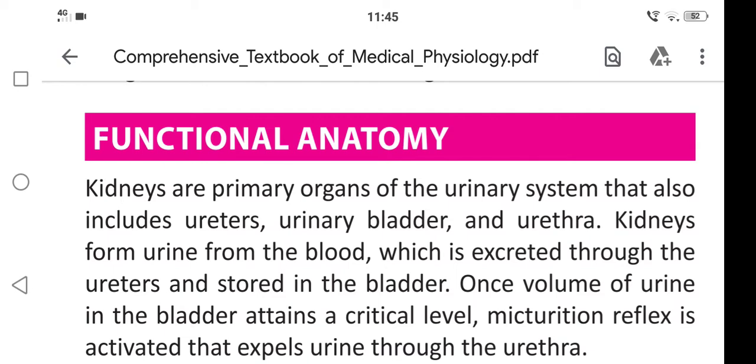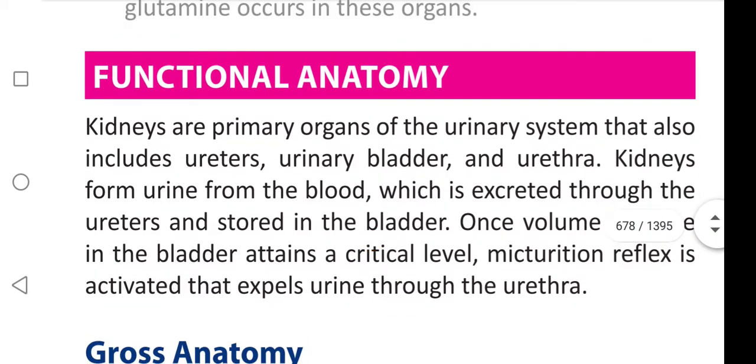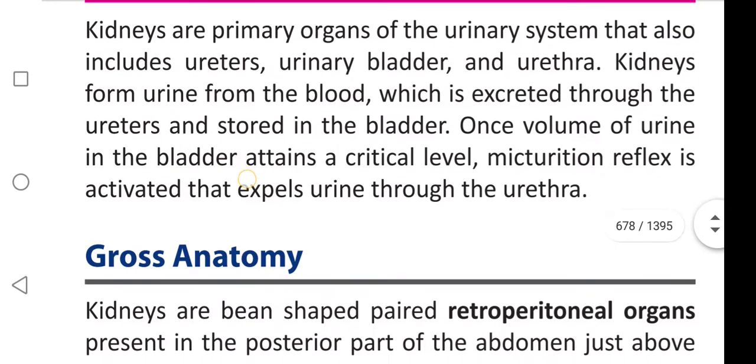Kidneys form urine from the blood, which is excreted through the ureters and stored in the bladder. Once the volume of urine in the bladder attains a certain level, the micturition reflex is activated that expels urine through the urethra.